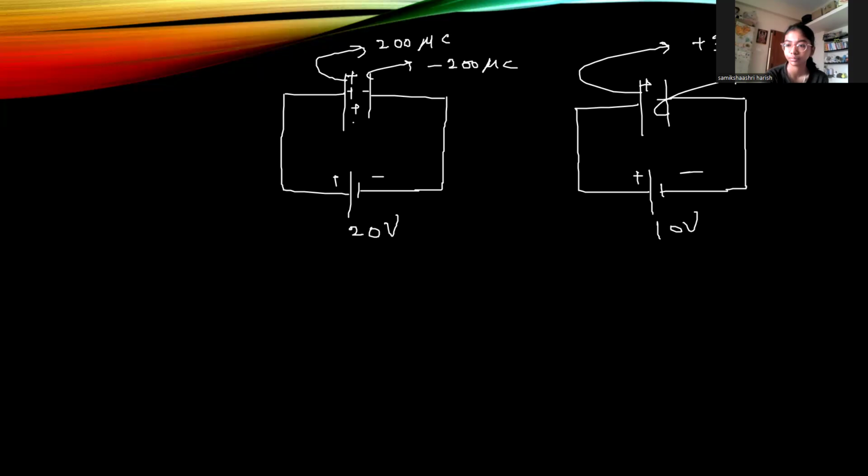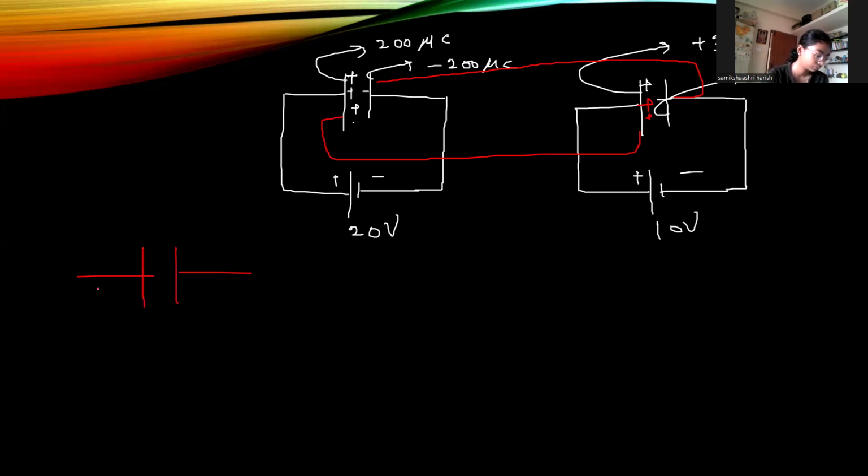Now see, what they are saying is that the positive plate is connected with the positive plate, and the negative plate with the negative plate, like this. Positive plates are connected together, negative plates are connected together.